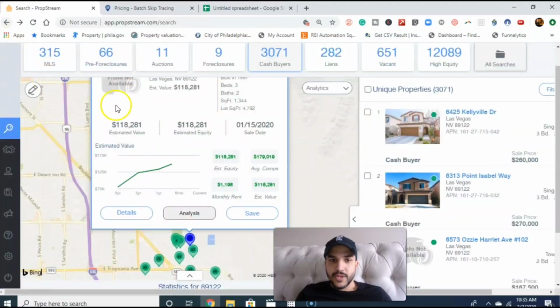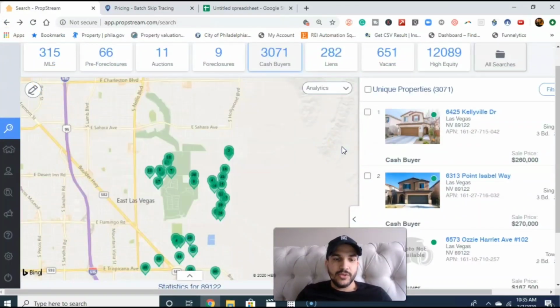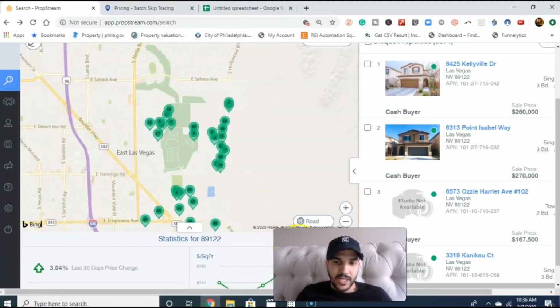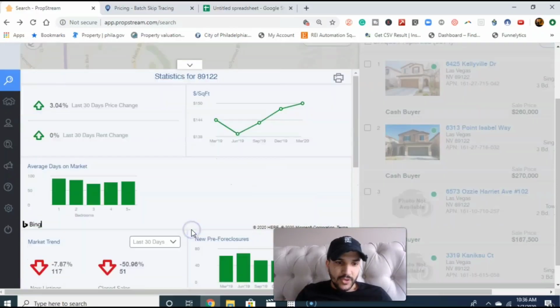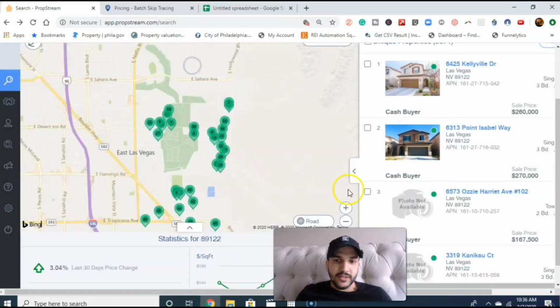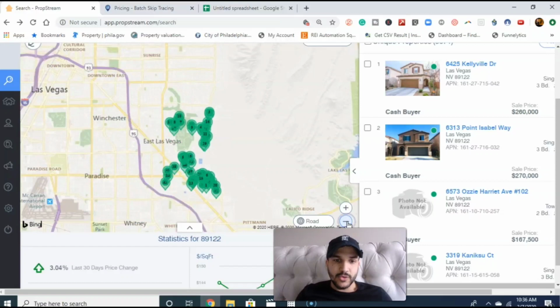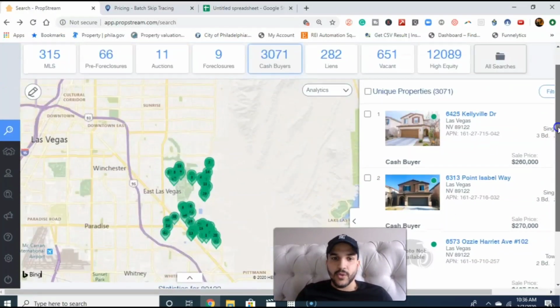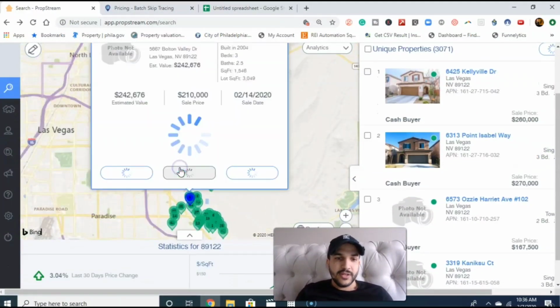So if you send out direct mail and you get a deal, you know exactly what they're buying at. You would have to obviously know the statistics of what people are buying in that particular zip code at what price point and what similar condition, square footage, all those things, and then you can sell that deal fairly quickly because you have all their information here.